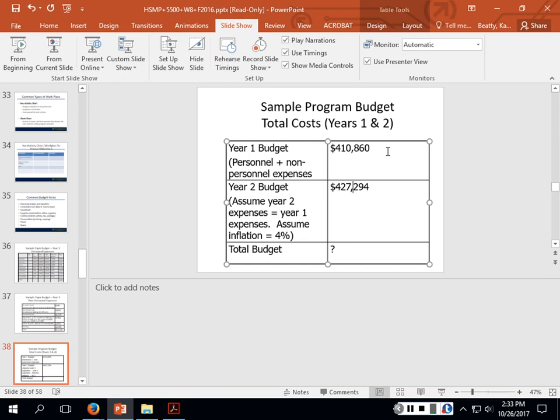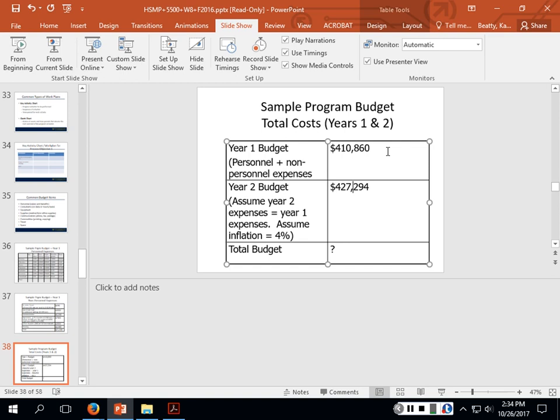Again, this assumes that the project activities and the personnel and non-personnel needs are the same in both years. That is typically not the case, because your activities will vary from one year to the other, and as such, your personnel and non-personnel needs will also vary.